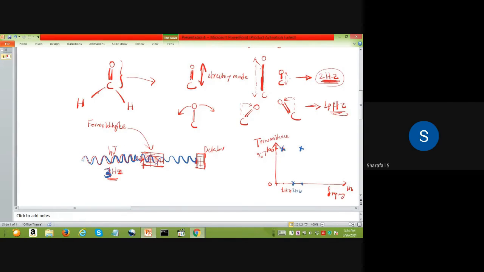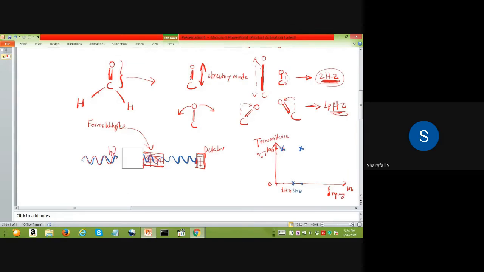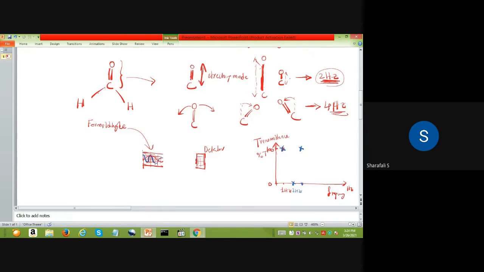And then if you consider another case, which is 4 hertz, your incoming radiation frequency, in the IR radiation range, is 4 hertz. The radiation now starts coming and hitting this sample. So now the frequency is 4 hertz. When it interacts with the sample, the sample absorbs that frequency.